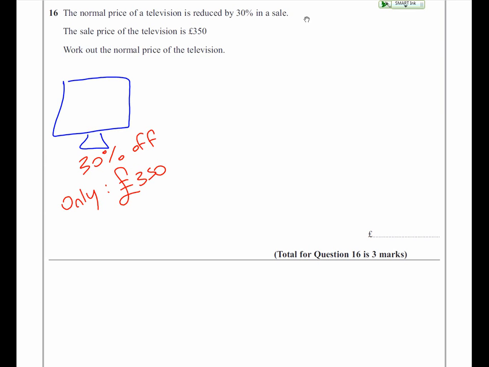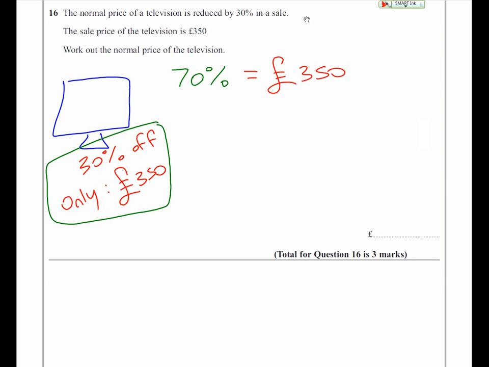Now that's already had the 30% knocked off. So you're not paying 100% of the TV's cost, the original cost. You're paying 70% of the original cost, if you're going to buy it, which is 350.